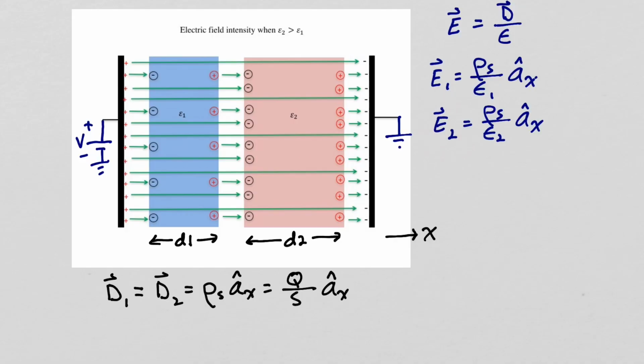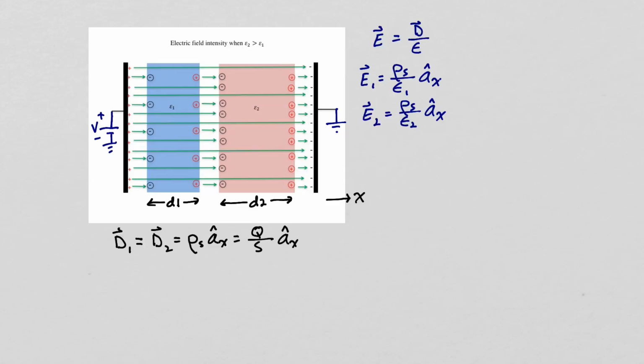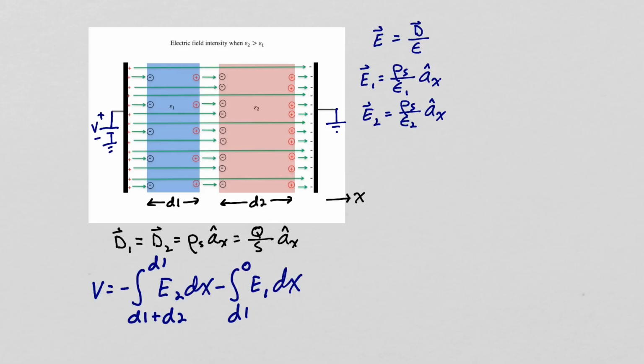Now that we have the electric field intensities in the two materials, we can find the potential drop based on these two electric field intensities. So minus the integral of E2 from D1 plus D2 to D1 minus the integral from D1 to 0 of E1 dx will give us the voltage drop across our capacitor.